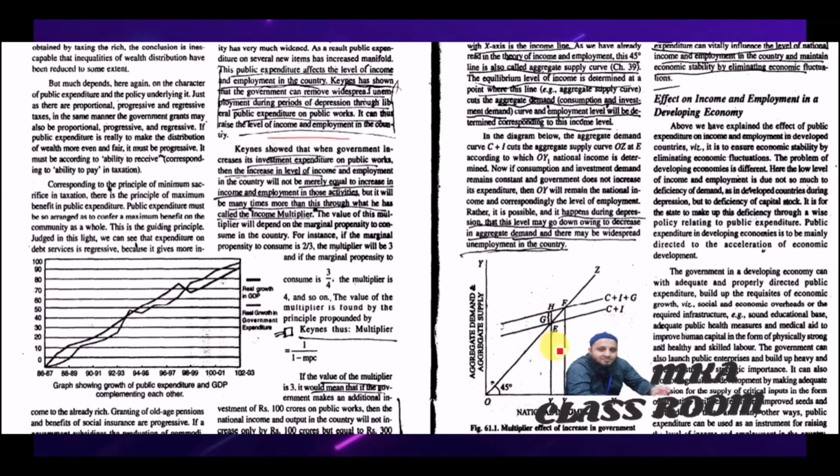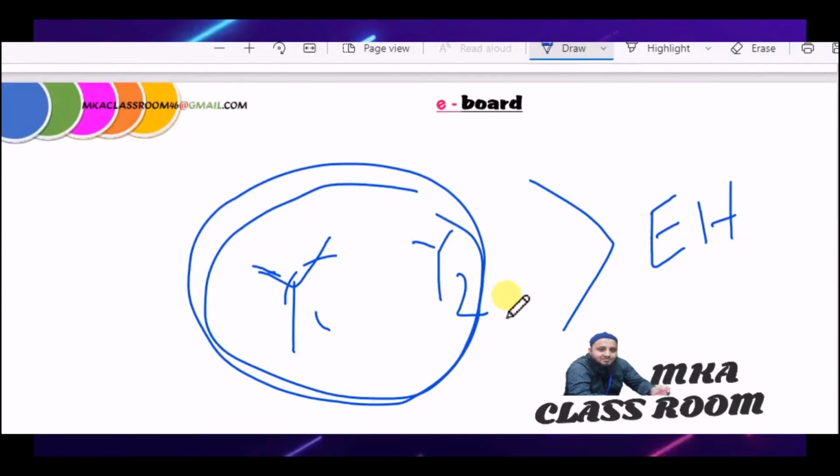So here we see that if the government only increases the EH amount of government expenditures to enhance the level of income and employment in the economy, it enhances income and employment by more than that, from Y1 to Y2. That means OY1 to OY2 is more than the EH amount.